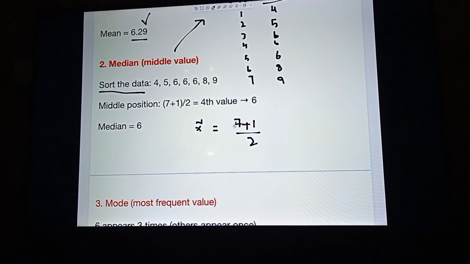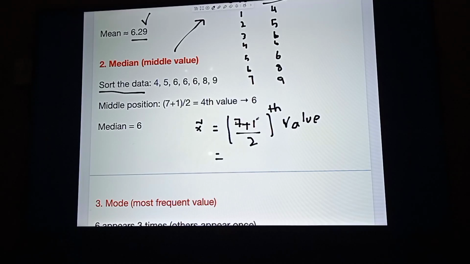We are dividing by 2 because it is the median, dividing the data set into 2 equal halves. So 7 plus 1 is equal to 8.